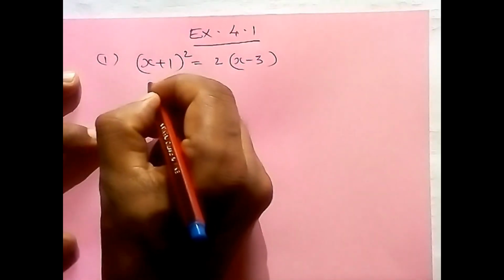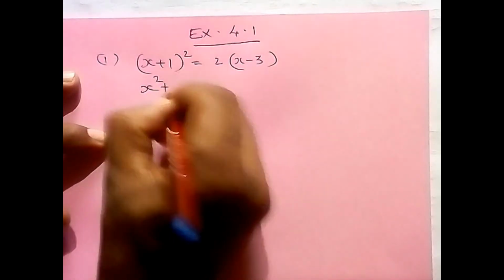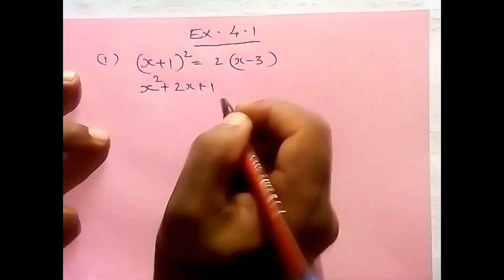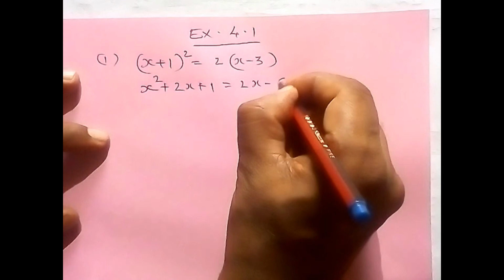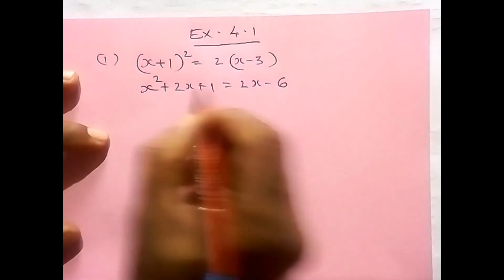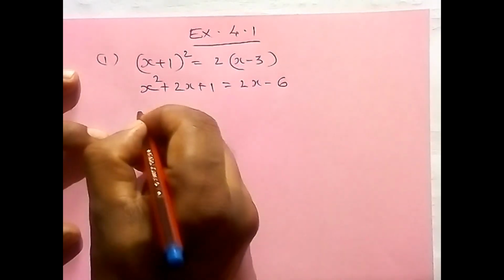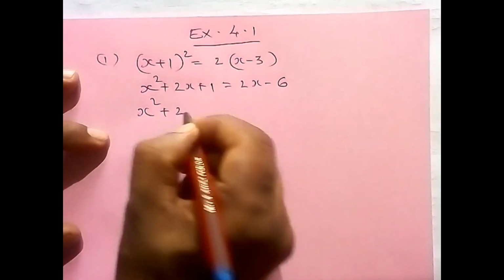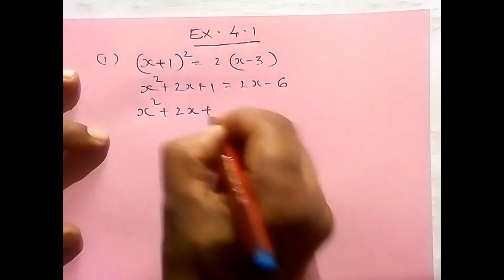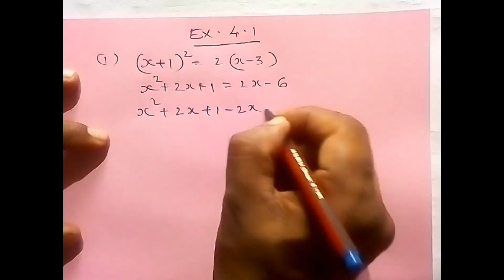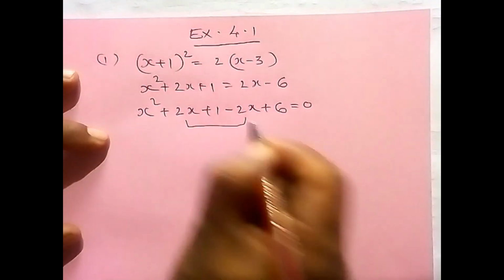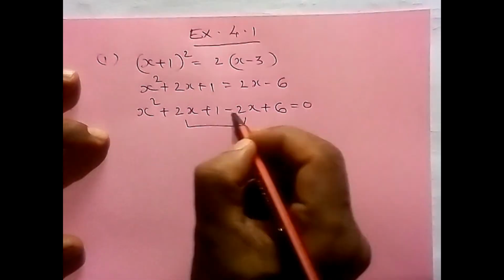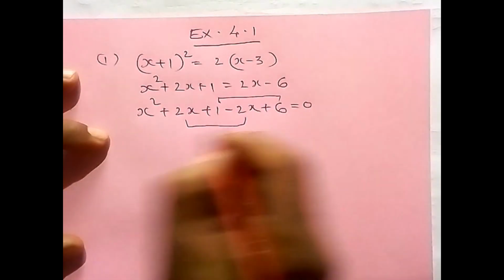We know that x plus 1 the whole square equal to x square plus 2x plus 1 equal to 2x minus 2 into 3, 6. x square plus 2x plus 1 minus 2x plus 6 equal to 0. 2x and minus 2x become 0. 1 and 6 become 7.